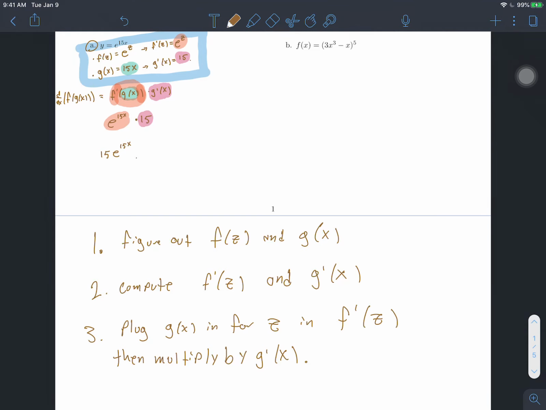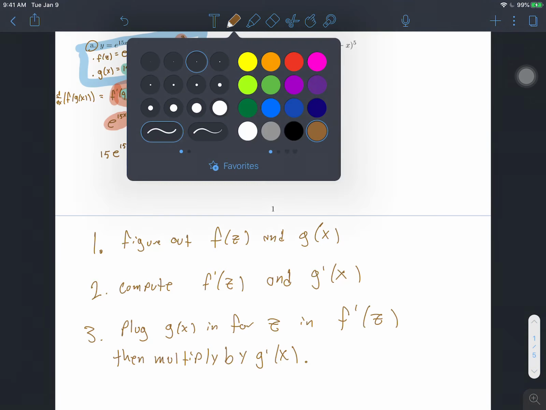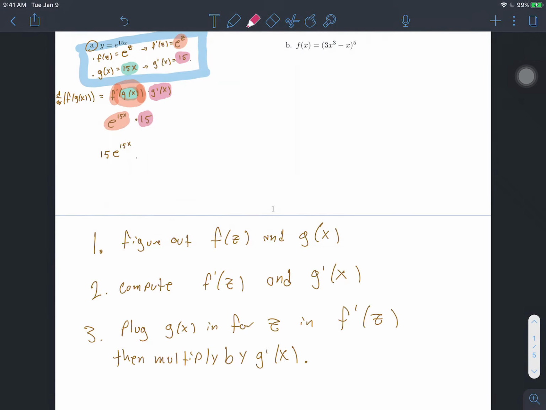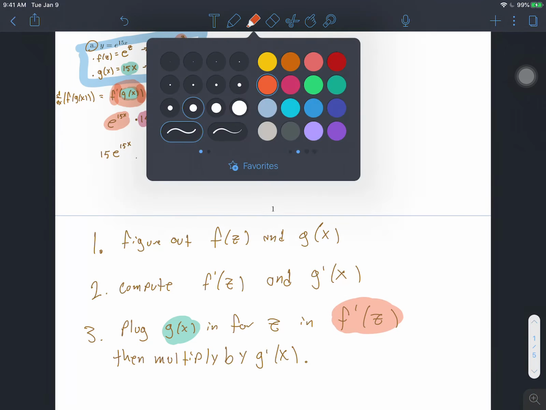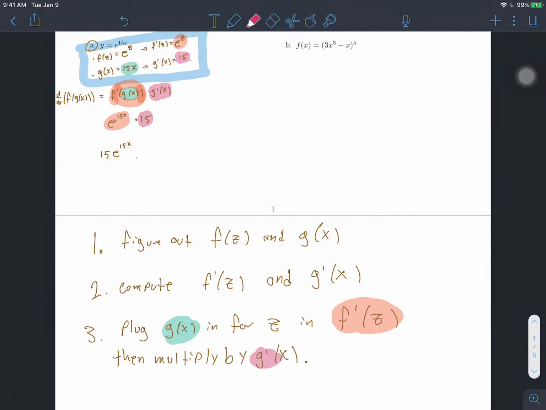That was when I plugged, I can color code this part as well, actually. That was when I plugged the green part. Whoa, that's the wrong one. I think it's the wrong color, too. Okay, the green part, remember I plugged it into the orange thing, f prime of z, excuse me. And then multiplied by the derivative of g.